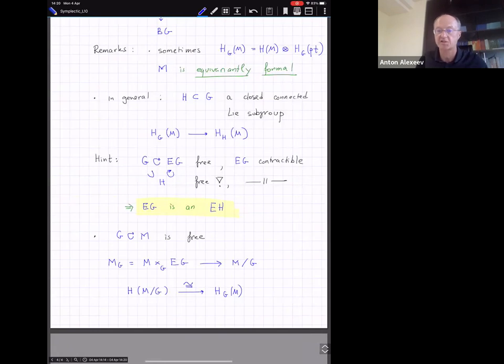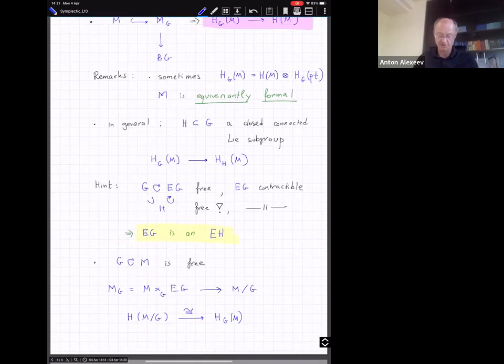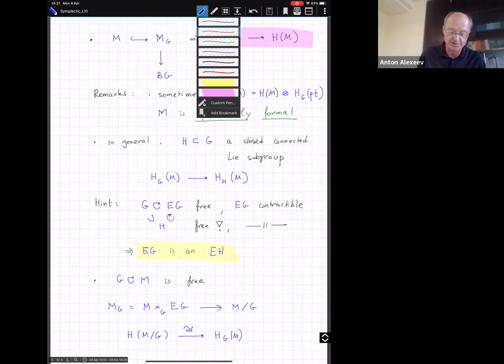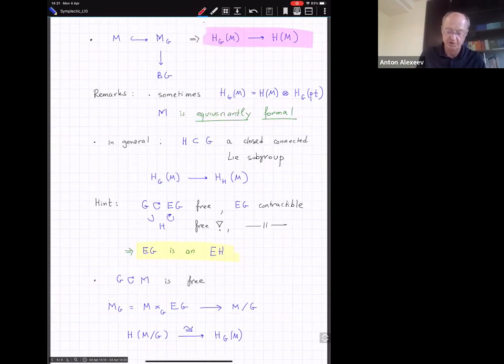So in that case, if M carries a free G action, then the equivariant cohomology of M is simply the ordinary cohomology of the base. So that's kind of an interesting fact. And you see, this is a kind of opposite situation to equivariant formality.